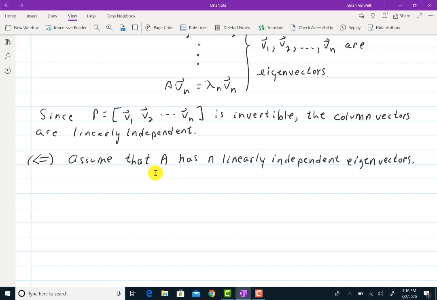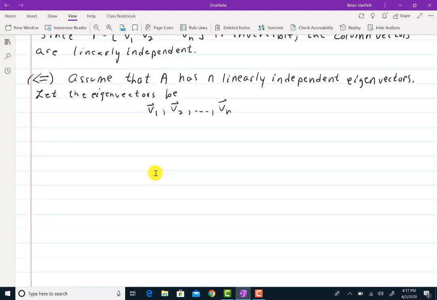So let the eigenvectors be v1, v2, up to vn.